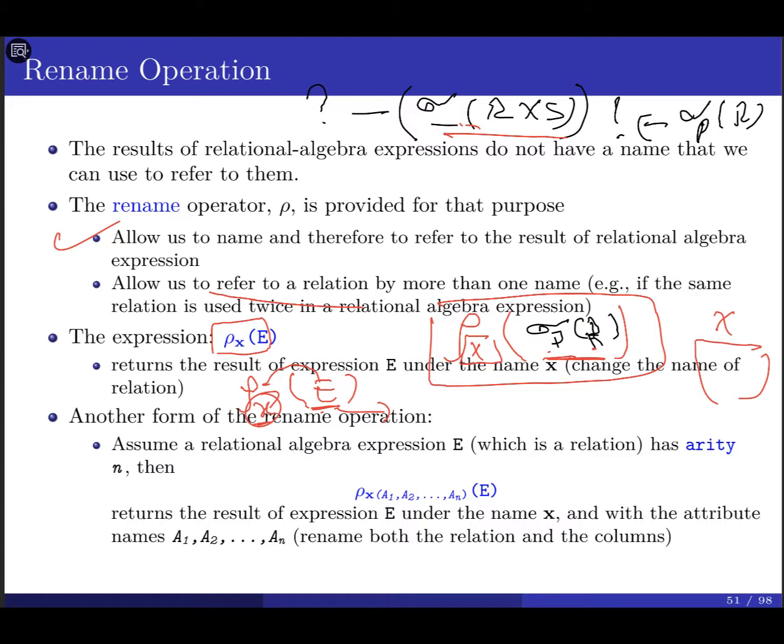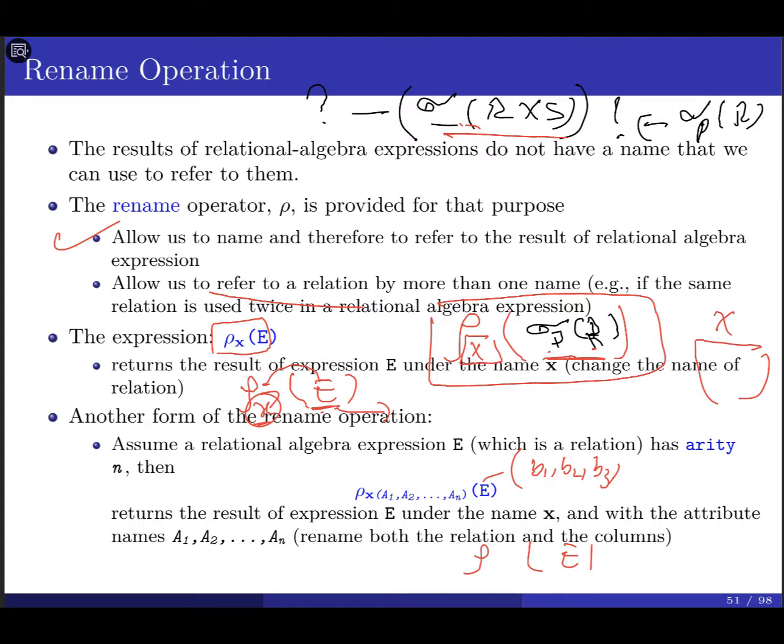Clear? The other thing here, what if you want to modify the attributes too in this relation? Either you modify the name or the attributes. So assume that the relation expression here produces, for example, attributes B1, B2, B3. I don't like B1, B2, B3. I need to use A1, A2, A3, different names. So in this case, I'm going to rename, assuming the expression here, and on the rename you have to give the relation name.